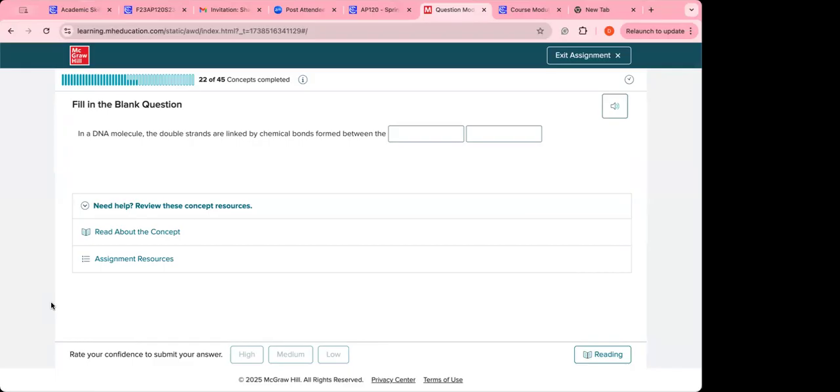There are bonds between the sugars and the phosphates, but I think they're talking about nitrogenous bases here because they don't have a third word. They have only two.